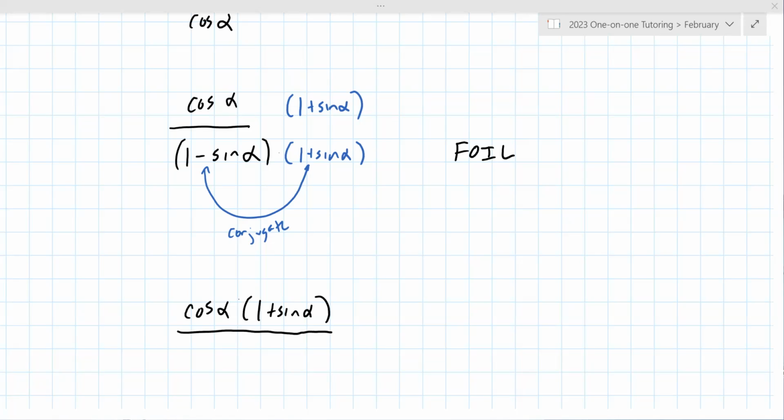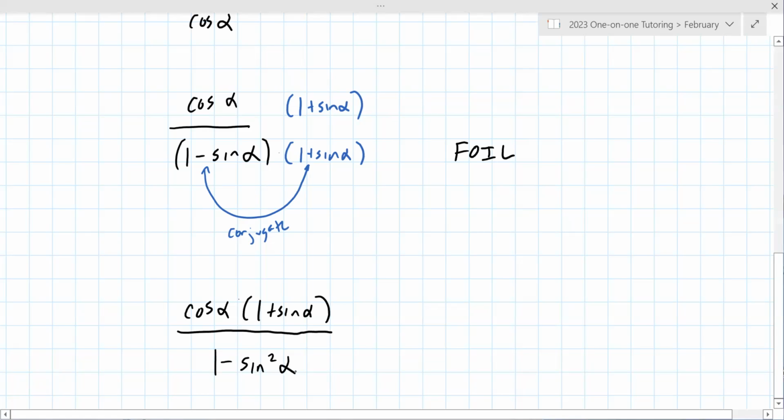Wait, I think I did this wrong. Oh, that's what I did. Is it 1 minus sine alpha? 1 minus sine squared alpha.